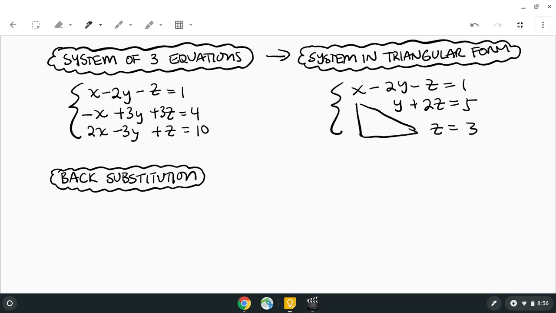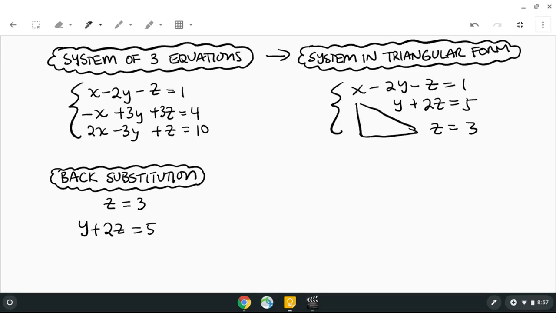You look at that triangular form, and we see that z equals 3. I'm going to write it backwards. So z equals 3, and if z equals 3, then I can plug it into that second one because I have only these two variables, y and z. If I plug in for the z, then I can solve for y.